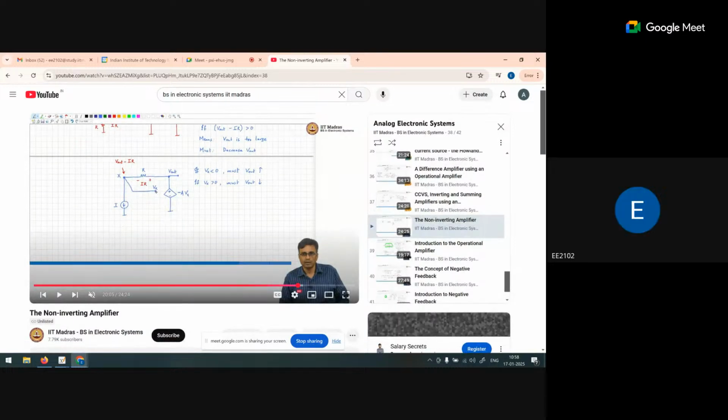So this particular voltage has less potential.